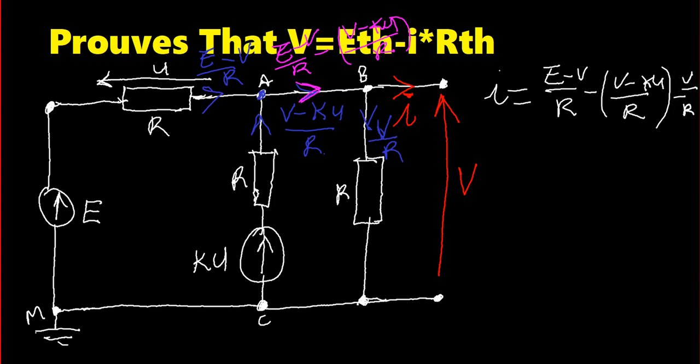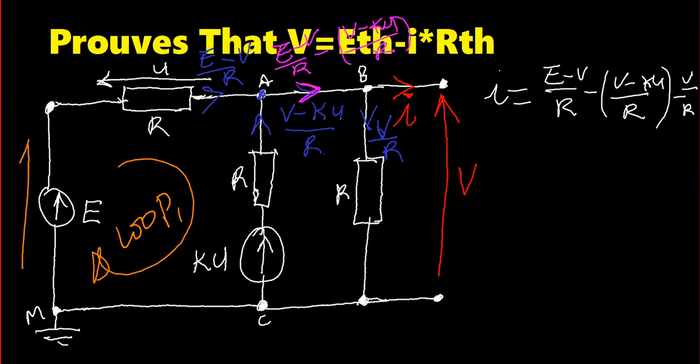Don't forget that direction, as well as the voltage flowing through this closed loop. If you apply the second law of Kirchhoff to this closed loop, loop 1 here, we give the direction of each voltage.